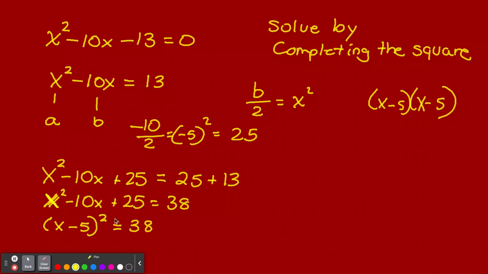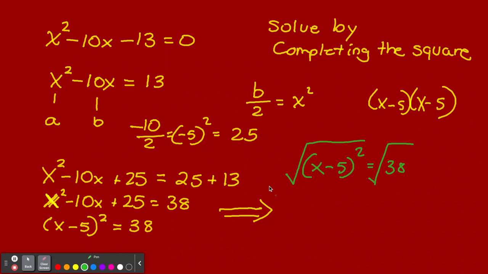Now we want to solve for x. We have x minus 5 squared equals 38. We want to get rid of that square by taking the square root of both sides. This gives us just x minus 5, but it still gives us the square root of 38.